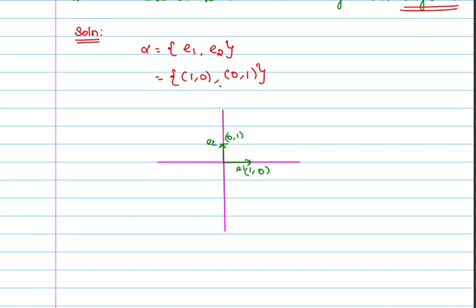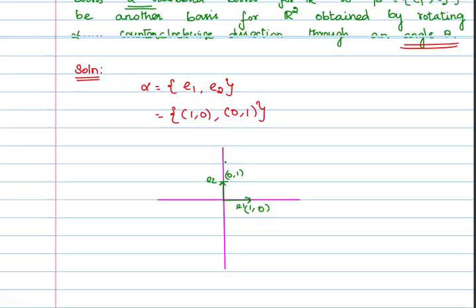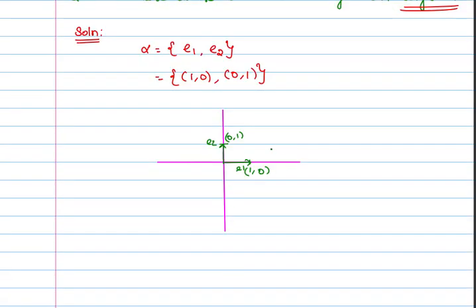Now they define E1 rotated by the angle theta, that is my E1 prime. So this is my E1 prime, E1 rotated by the angle theta.